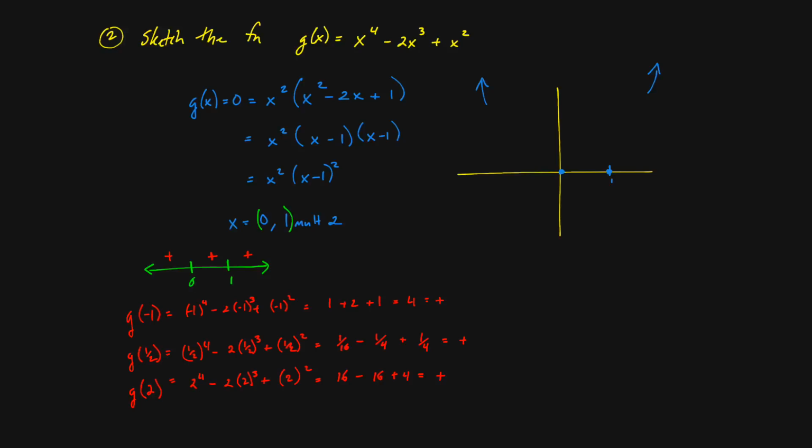Notice that here, x squared is squared, and this is also squared, so you have multiplicity 2 for both. So actually, they should both be bounces. If I bring this down, it should bounce off of here, come up, and get ready to bounce off of here. And it does. That's my graph, g of x.